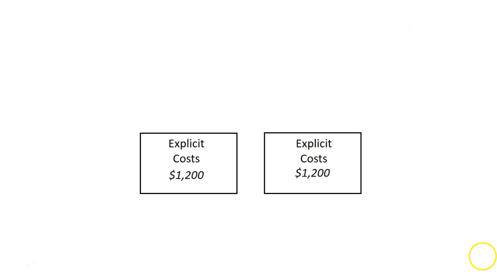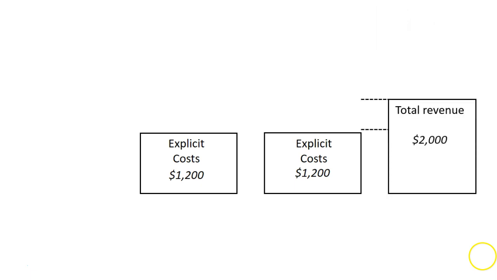But let's say that for some reason or other, there's been a fall in the entrepreneur's revenue suddenly. And so now the revenue being earned is $2,000 a week instead of the original $3,000. In this case, calculating accounting profit, total revenue minus total explicit costs, gives you an accounting profit of $800. So the business is not doing as well as it was before from an accounting perspective, but it's still making accounting profit.